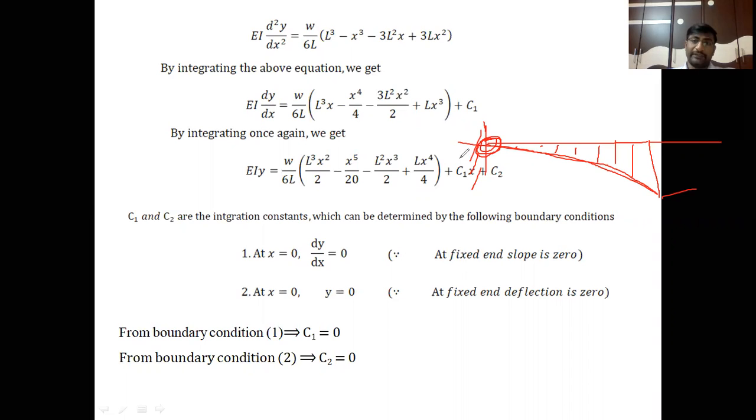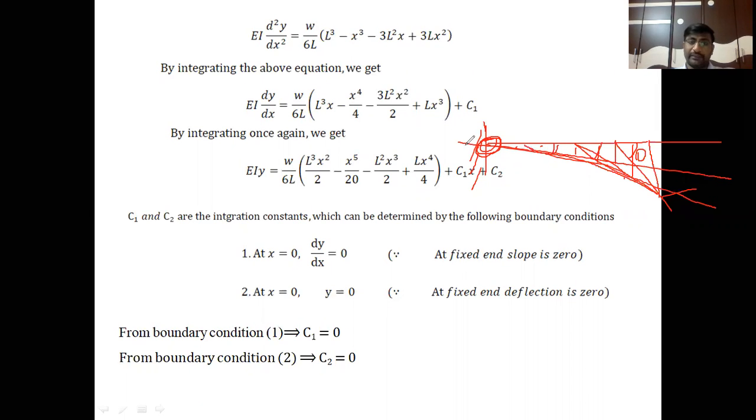If we draw the tangent at the free end after deflection, we will get the tangent like this. The angle made by this tangent with the initial position is called the slope. If we draw the tangent here, the slope decreases. And if we draw the tangent at this place, the slope decreases.